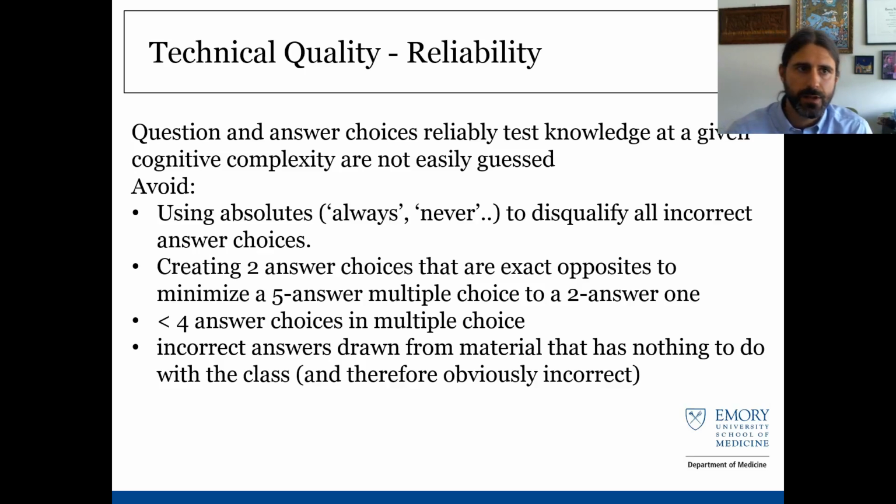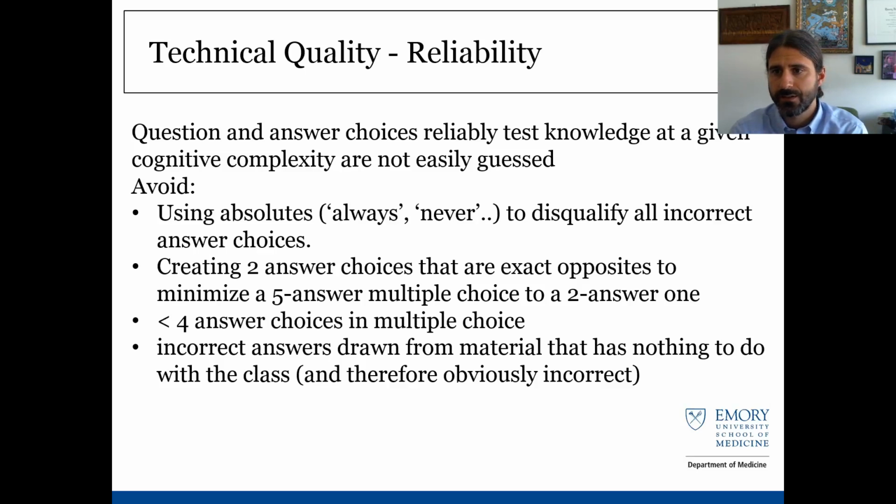So, reliability of the question. Again, this is trying to increase the probability that a well-prepared student will get it right and an ill-prepared student will more likely get it wrong. So you don't want them to be too easily guessed. Avoid using absolutes like always or never to disqualify incorrect choices.